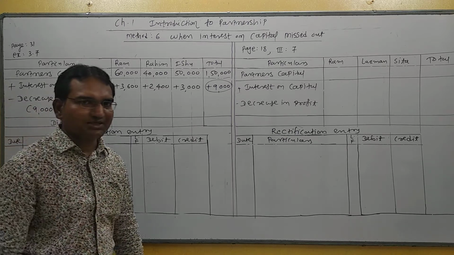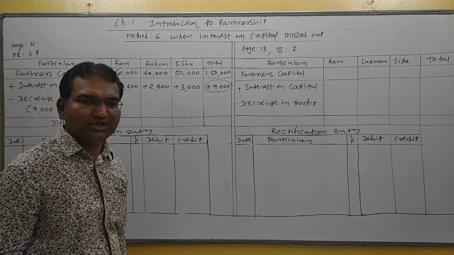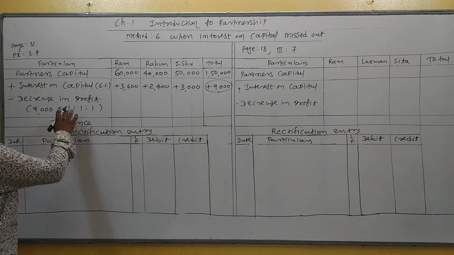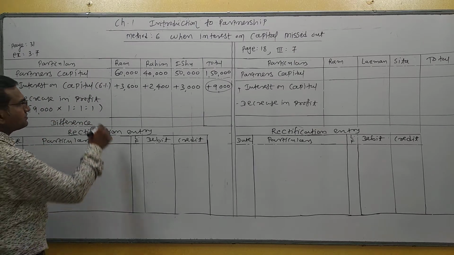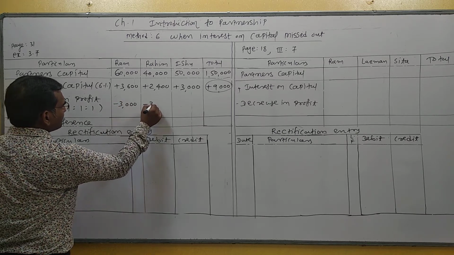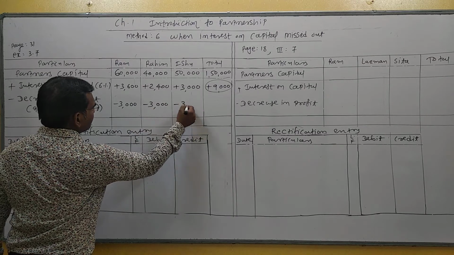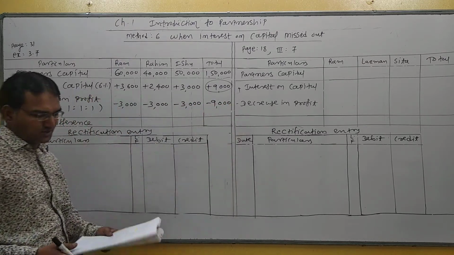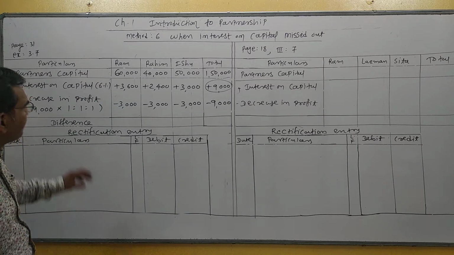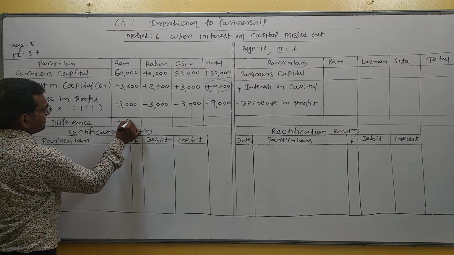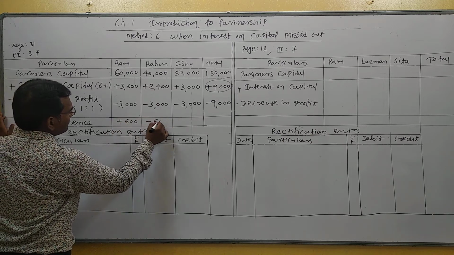Student, here the profit sharing ratio is not given, so we have to assume an equal ratio, 1:1:1. So 9,000 divided by 3, each partner gets 3,000: minus 3,000, minus 3,000, minus 3,000, and total minus 9,000, right? And now the difference: plus 3,600 minus 3,000 is plus 600, here minus 600.